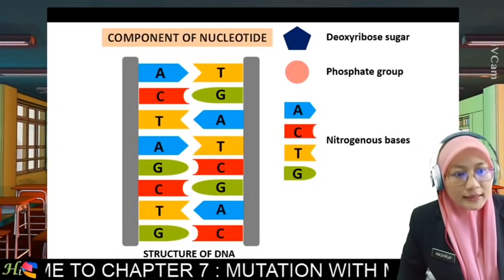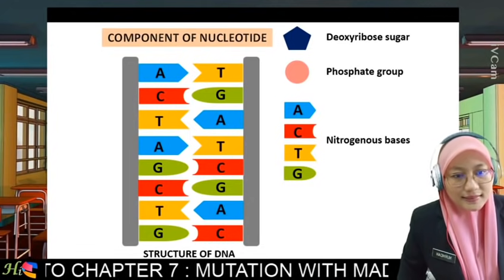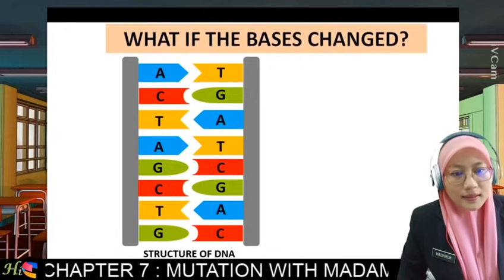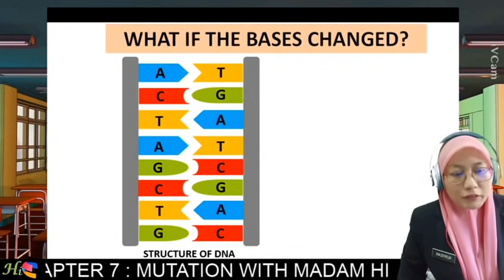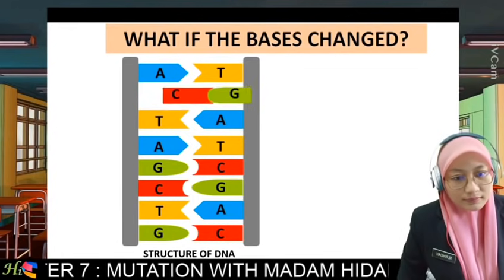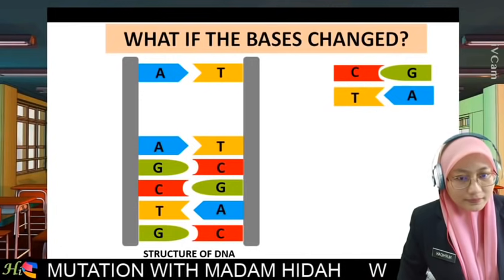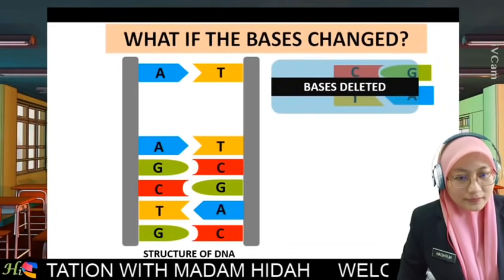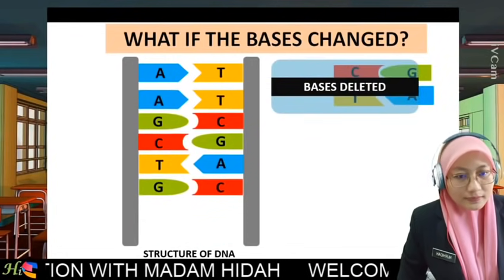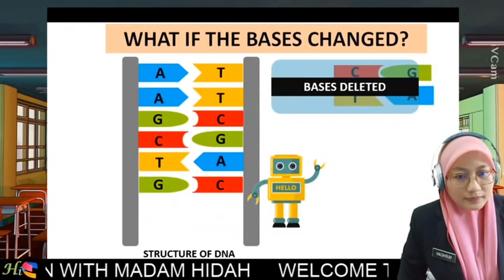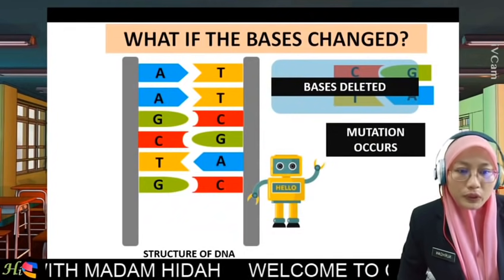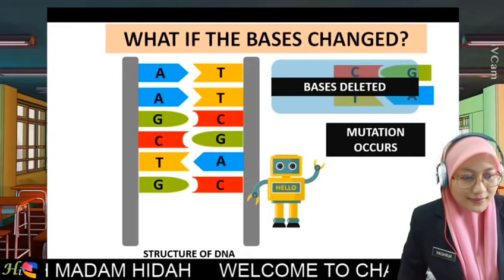And the third, nitrogenous bases. What happens when the bases of DNA change? That's what we call mutation.